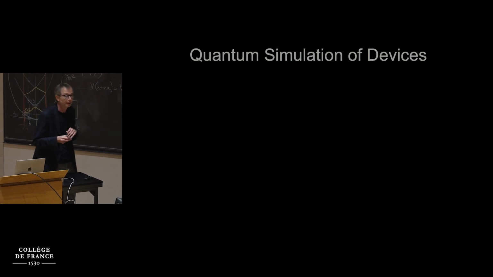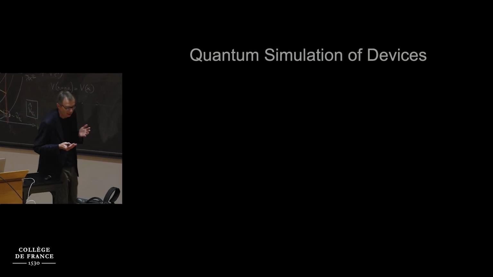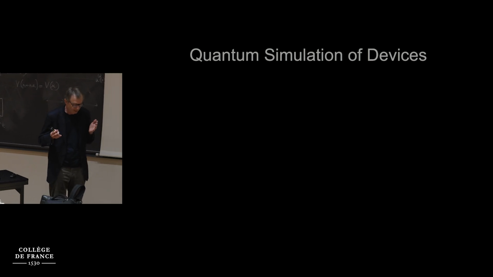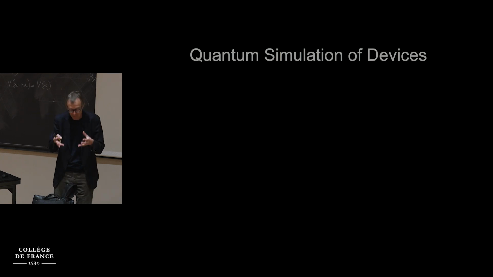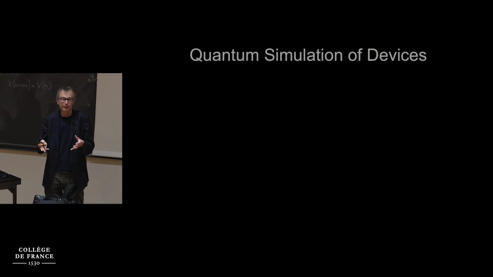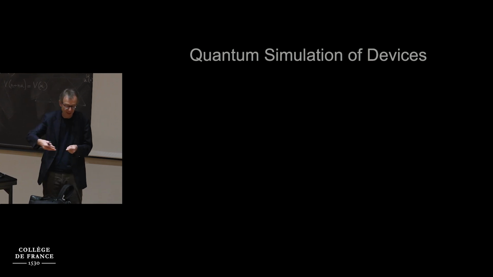So usually quantum simulation, how our community uses this term, is that you have some Hamiltonian and you implement it in your experiment, and it should reflect, say, some properties of materials.